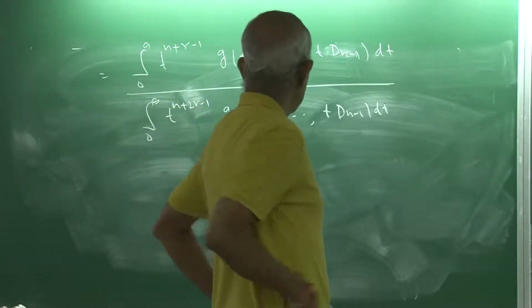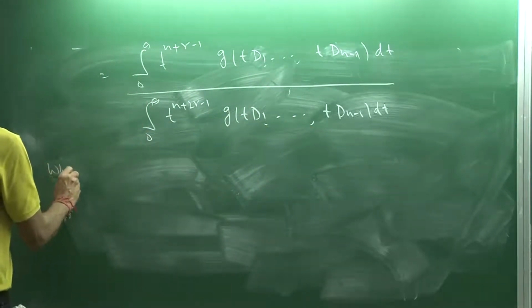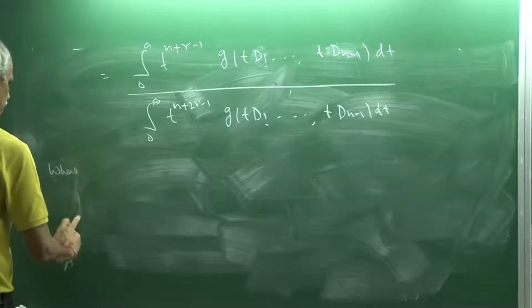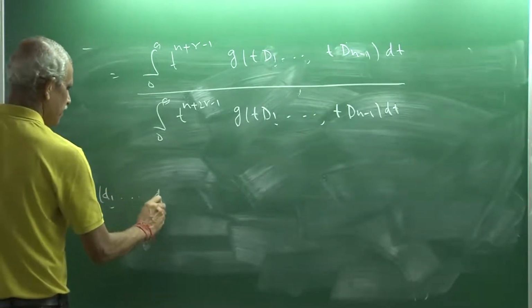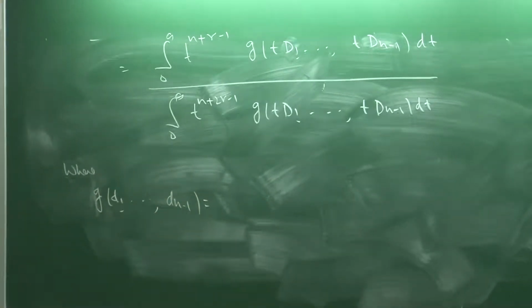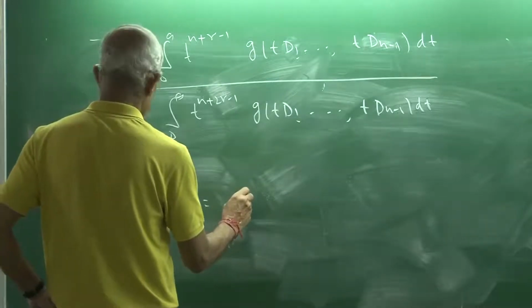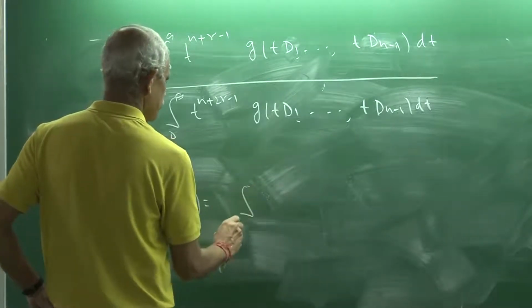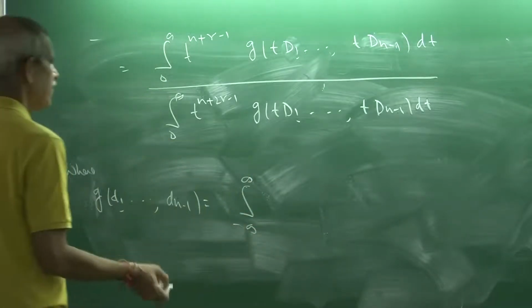Right. So, this is what, and what is your g? Where g of d1, d2, ..., dn minus 1 was nothing but, minus infinity to infinity. So, sigma I have taken to be 1, right.